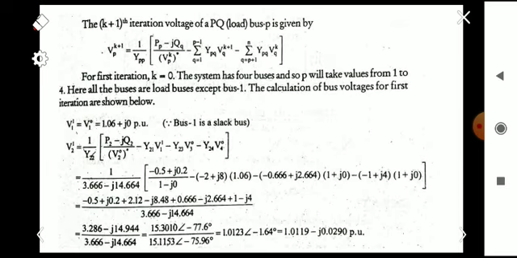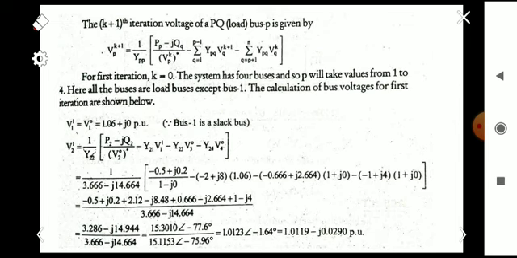For finding V2(1), the equation we have to follow is like this. The (k+1)th iteration voltage of a PQ bus, that is a load bus p, is given by Vp(k+1) equals 1 by Ypp into (Pp minus jQp) by Vp(k) star, minus sigma q equal to 1 to p minus 1 of Ypq Vq(k+1), minus sigma q equal to p plus 1 to n of Ypq Vq(k). So this is the basic equation. All of you must learn this equation as well.